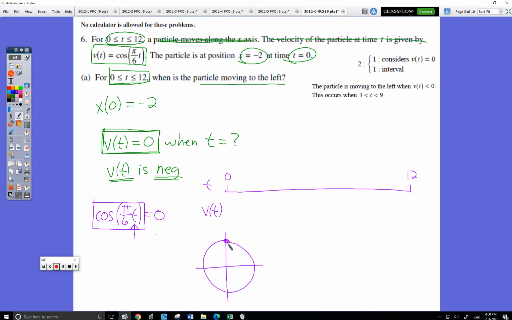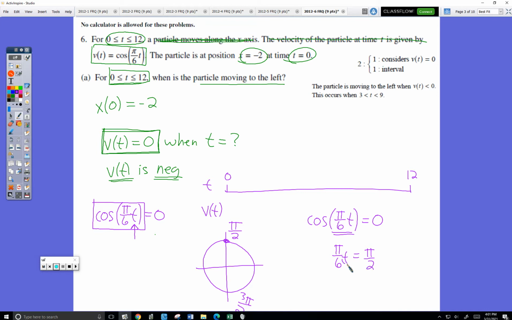So right here at an angle of pi over 2, or 3 pi over 2, is where the cosine is equal to 0. So I've got this formula, cosine of pi over 6 t. I need that to be 0, which means I need this thing inside to equal pi over 2.